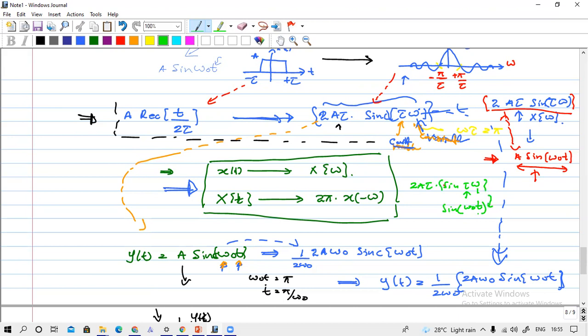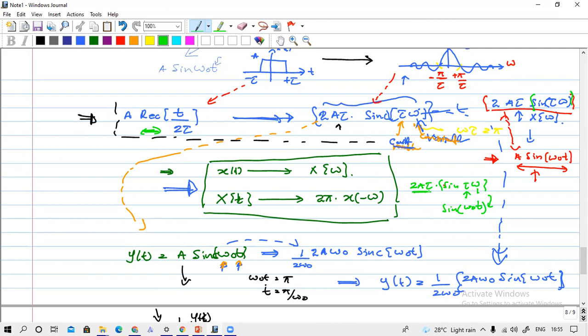So this part is already there, no problem. We don't need to do anything to this part, because sinc omega naught t is already there. This part and this part are identical, but we need this other part also to directly use this function, because the transform gives 2a tau sinc tau omega. So I have to put some 2a tau here.